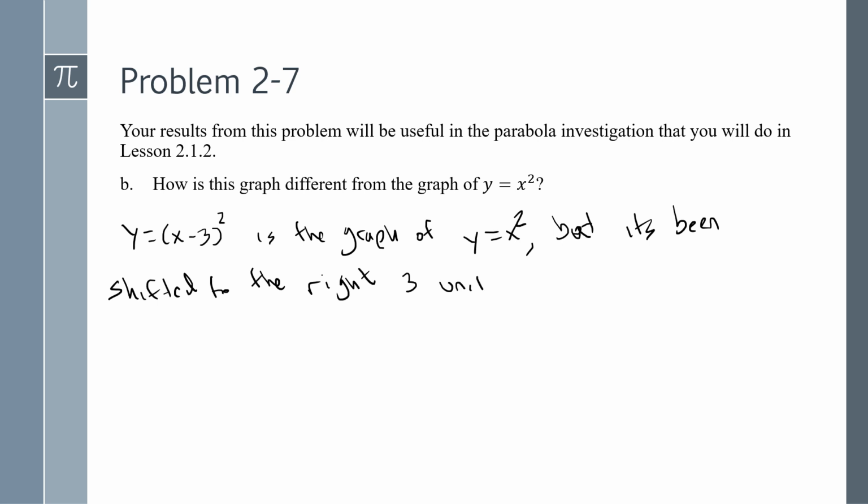If you go back and look at the picture he drew, you'll notice the vertex was at 0, 0 for x squared, but now it's at 3, 0. And if you took that graph and translated it to the right, the geometry term, 3 units, it would fit right on top of my new graph.